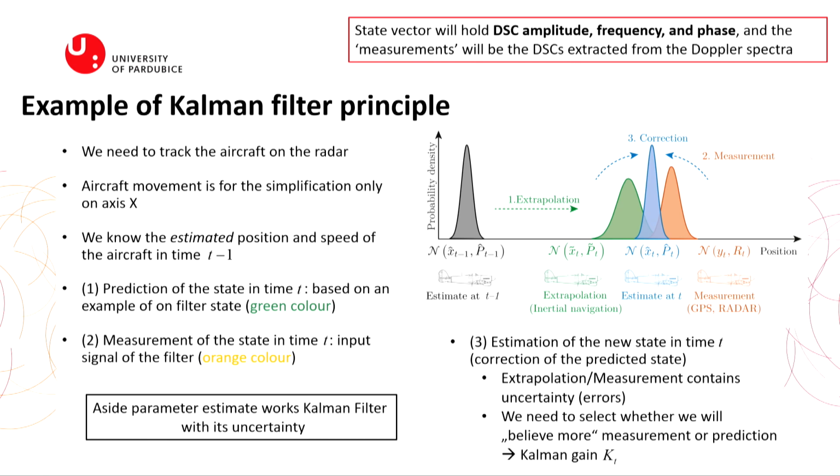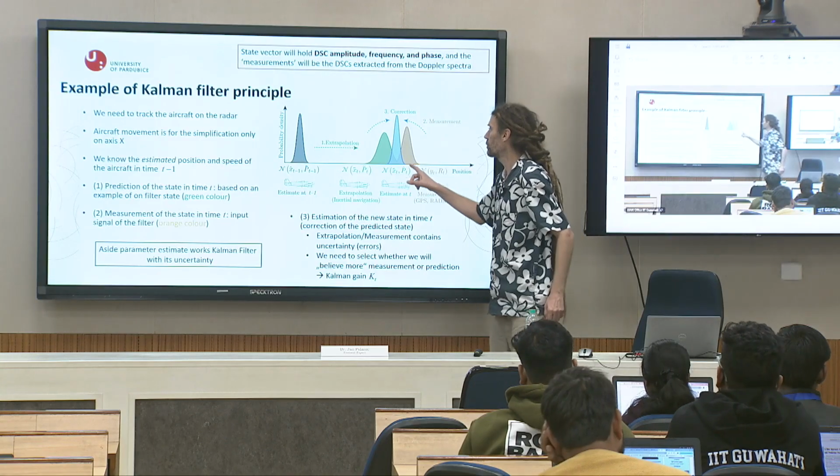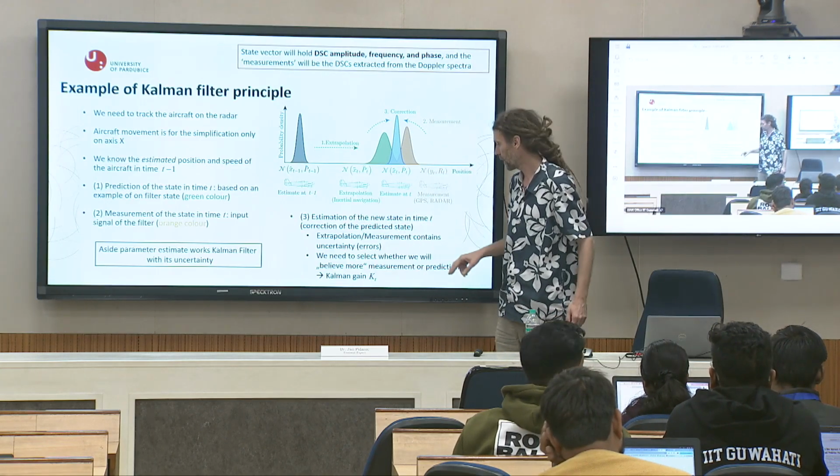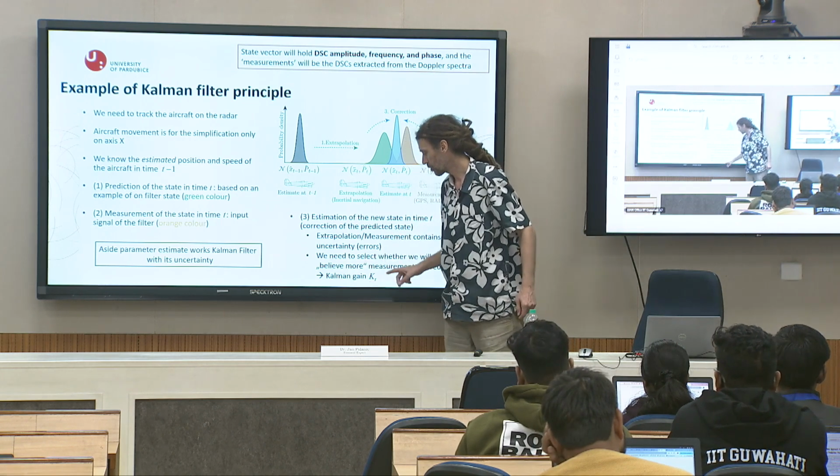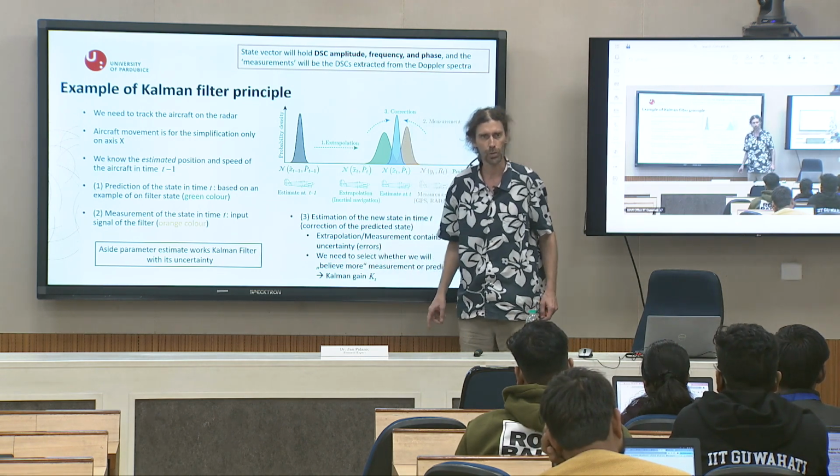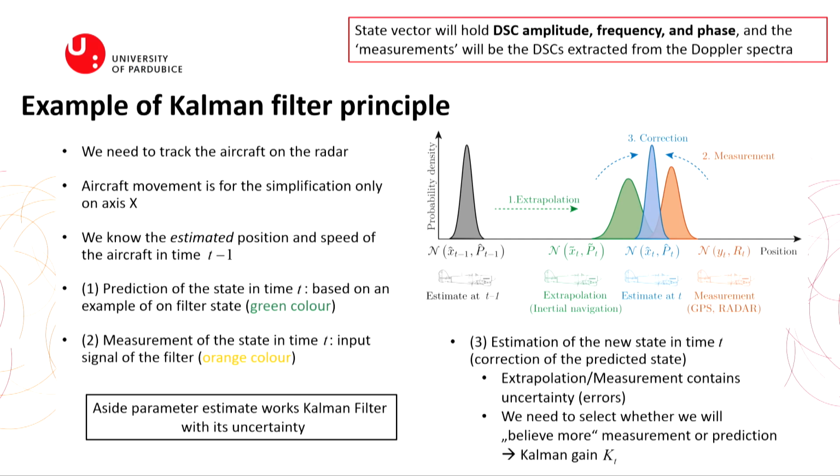So it is just the same principle, only I show you on target tracking because it is easy to imagine how it works. And this correction, the computation of the blue distribution, depends on the Kalman gain that is computed from these values.